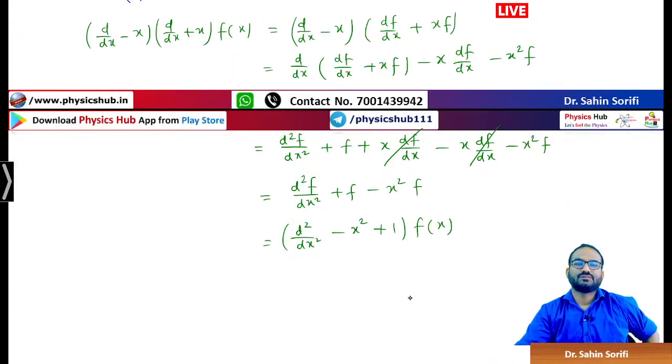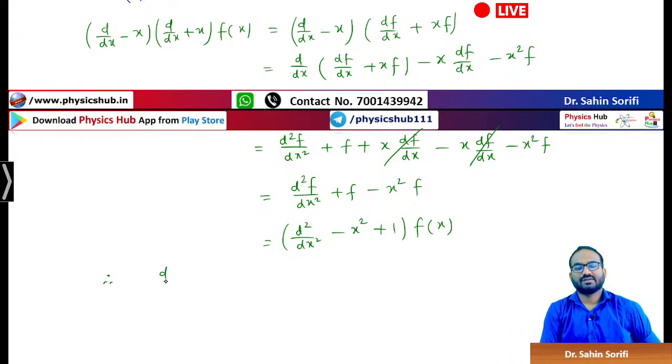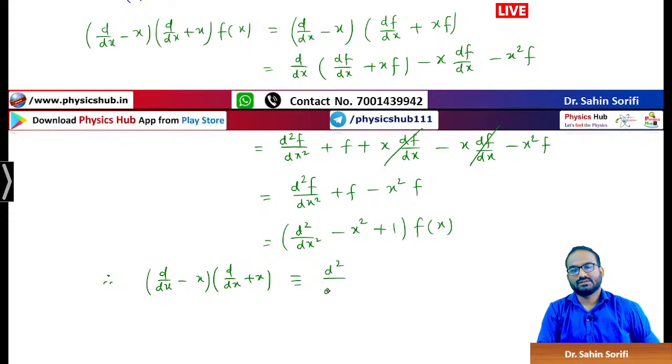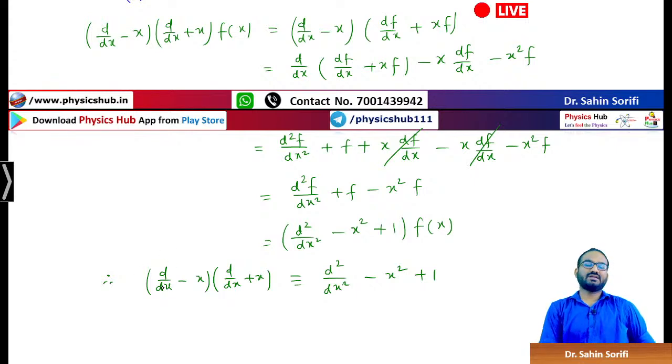Okay, so we can say that d/dx minus x, d/dx plus x is equivalent to d square by dx square minus x square plus 1. So you see, algebraically it looks like d square by dx square minus x square, but this extra plus 1 factor will come because of the behavior of this operator.